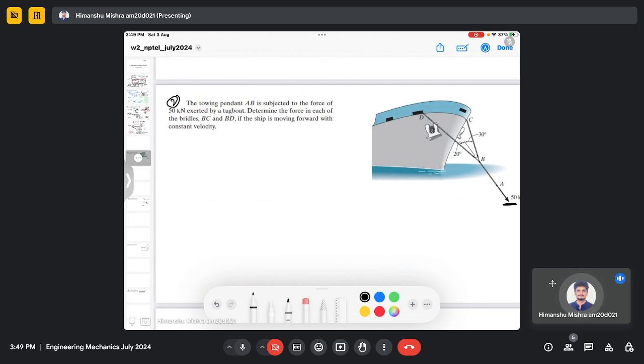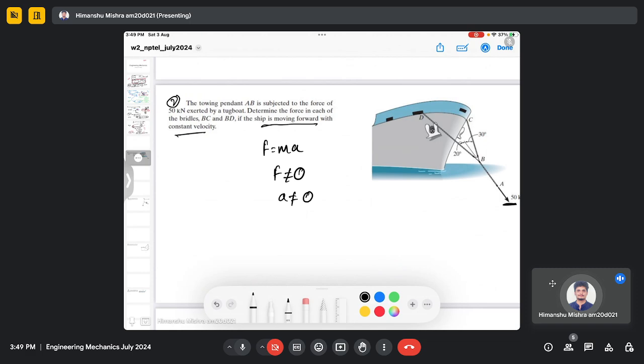Another hint that you have to use the equilibrium condition is this: the ship is moving forward with a constant velocity. This means the overall force should be 0, because according to Newton's law the force is given by ma. If the overall force is not 0, the acceleration is not 0.